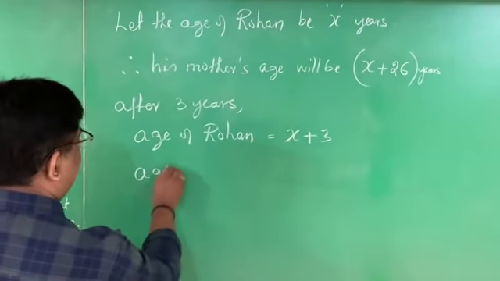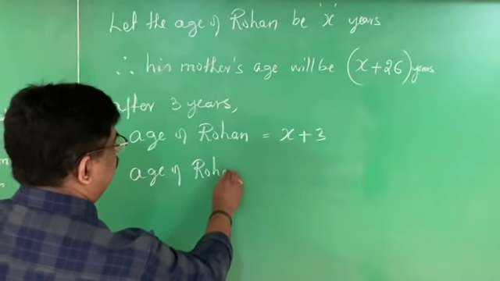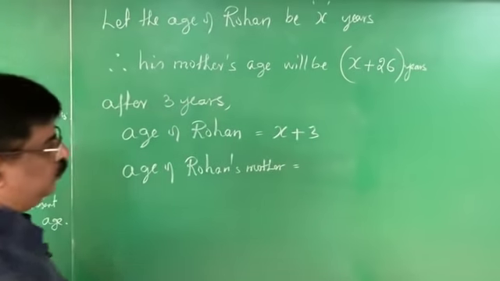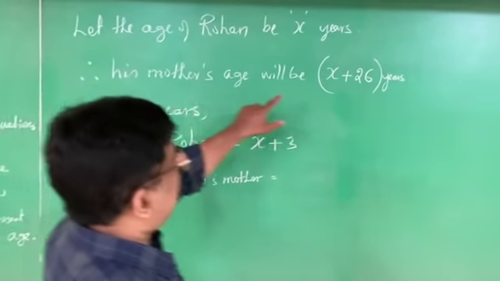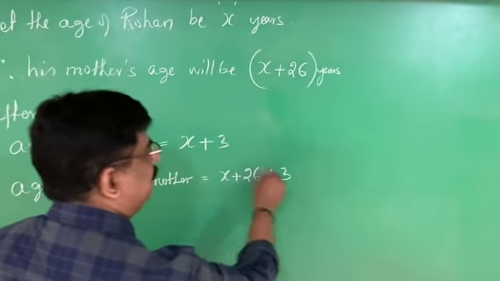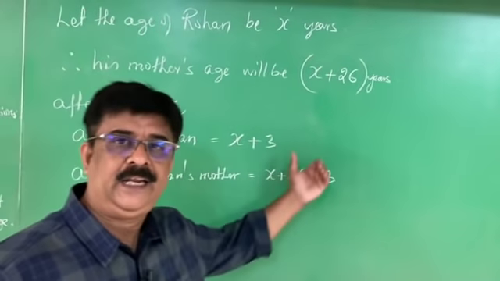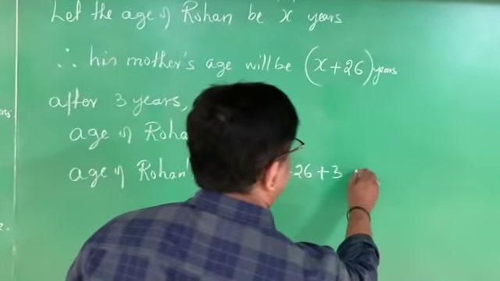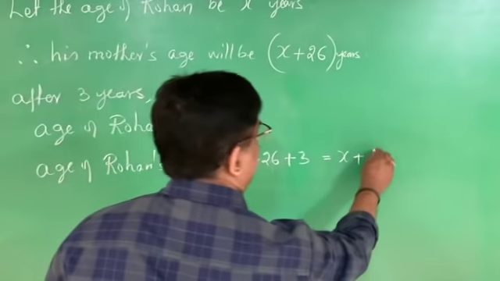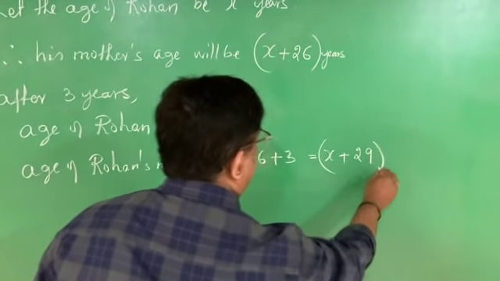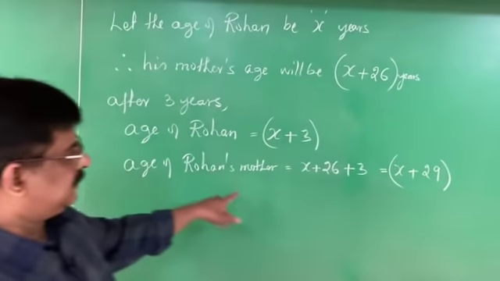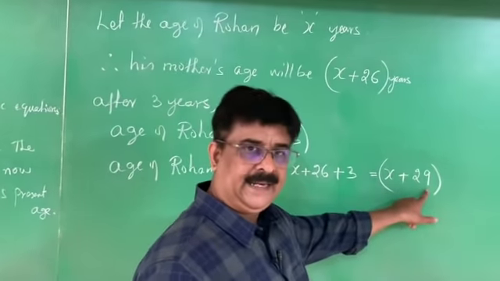The age of Rohan's mother is equal to, what is the age of Rohan's mother at present? x plus 26, right? Plus 3. Her mother's age also increases by 3. x plus 26 plus 3 is x plus 29. After 3 years, Rohan's age becomes x plus 3 and his mother's age will be x plus 29 years.